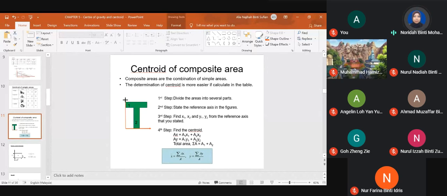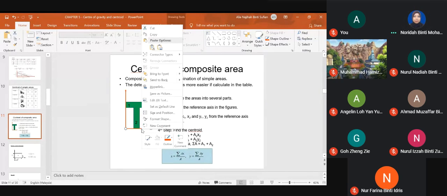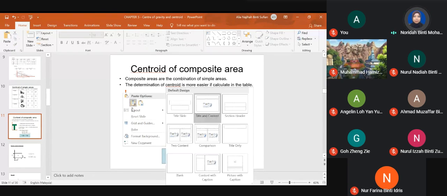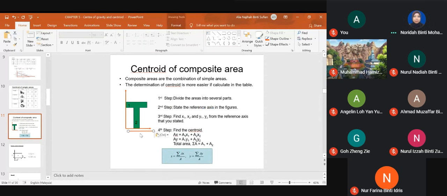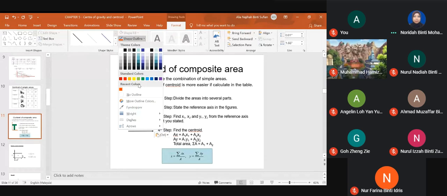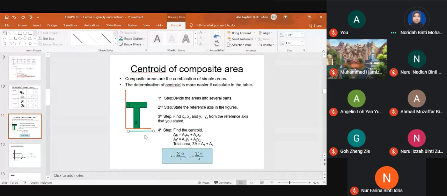The y-axis could be here. The x-axis could also be somewhere else. It could be here.